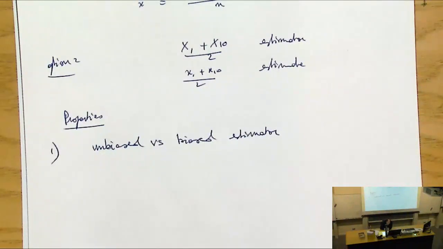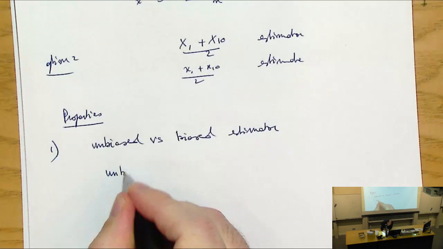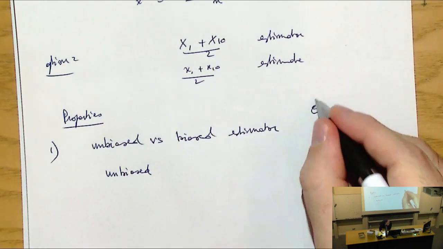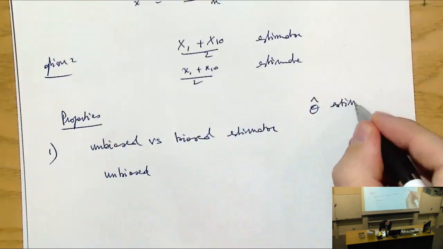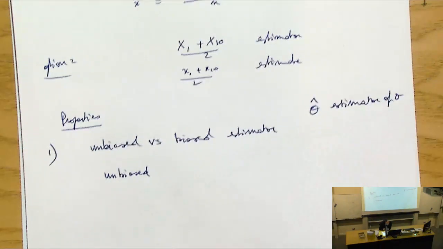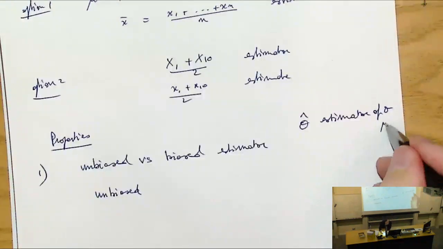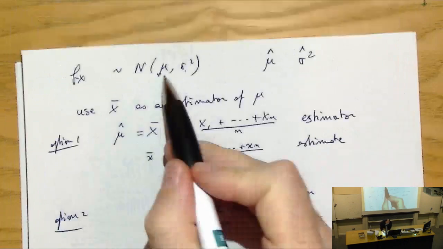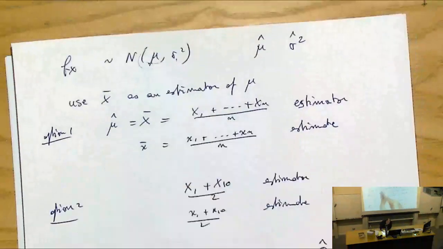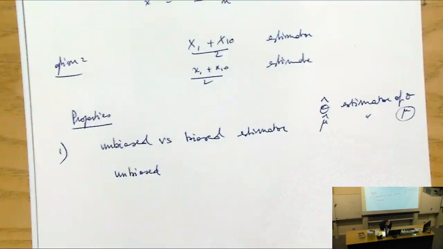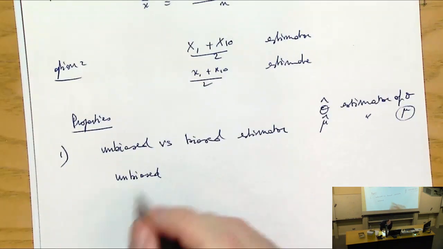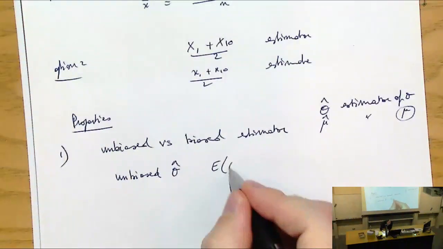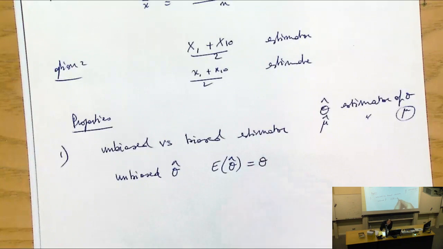So if I have an estimator that is unbiased, for instance theta hat is an estimator of theta, or mu hat is an estimator of mu, where I want to build an estimator of that mu and I denote it with a hat. If I have an unbiased estimator of theta, that means that the expectation of theta hat is equal to theta.